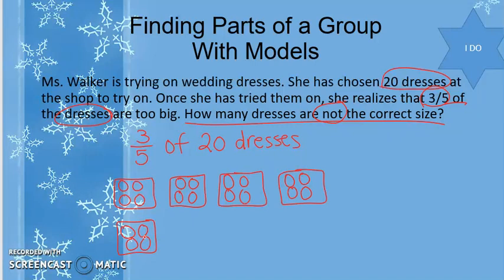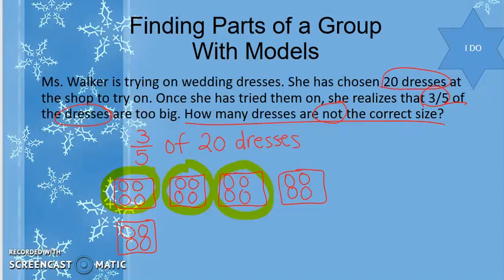So we know that we have 5 groups total. We know that we have 3 of those groupings out of the 5 that are too big. So we have 1, 2, 3 groupings that are going to be too big on Miss Walker when she tries on these dresses.